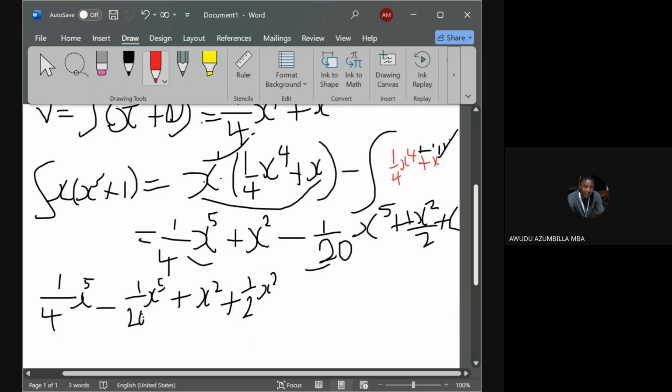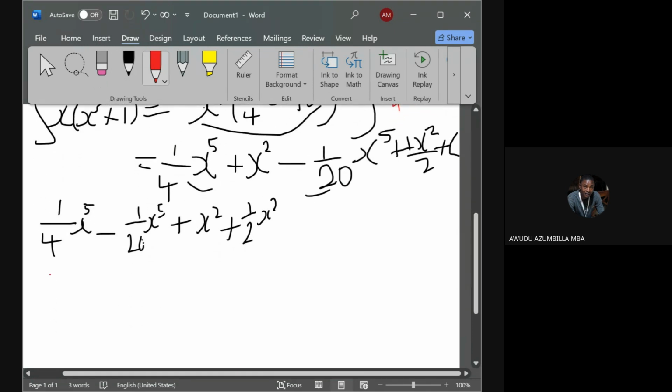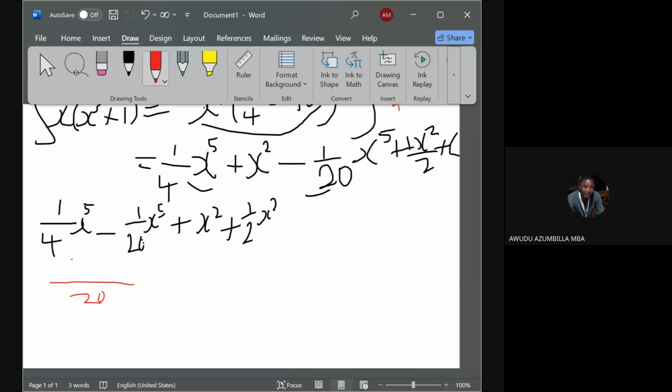Now, after you group items, what is next? We can find the LCM here. It's going to give you 20. So 4 will go into 20, that is 5. So you have 5 multiplied by this.